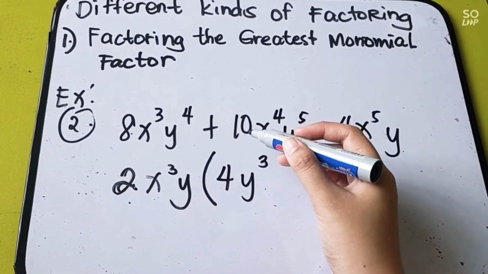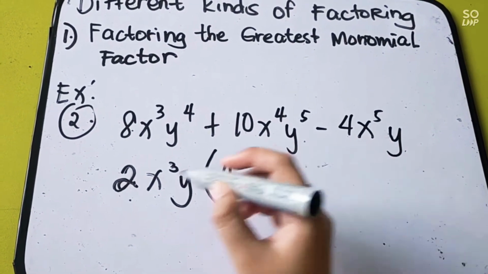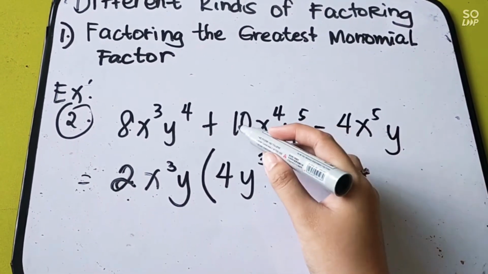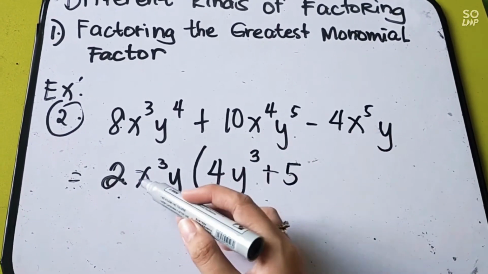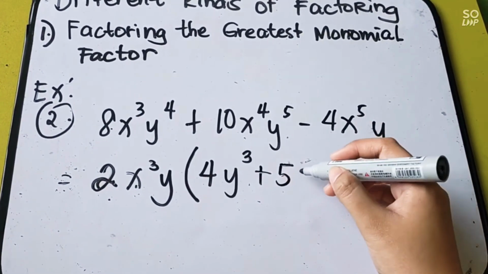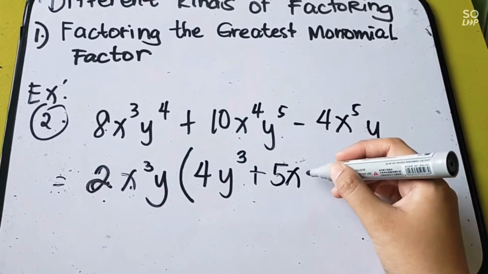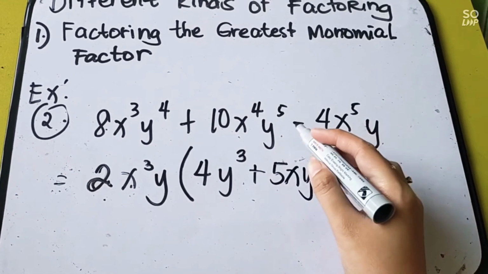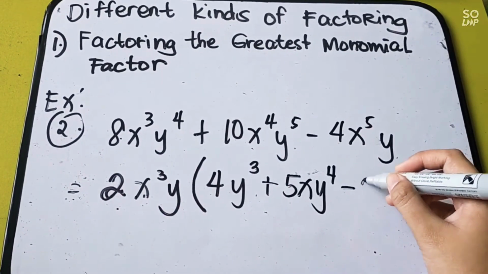Next, 10 divided by 2, just copy the sign, plus. 10 divided by 2, we have 5. Next, x raised to 4 divided by x cubed, the answer is x. Next, y raised to 5 divided by y, the answer is y raised to 4. Copy the sign. Minus 4 divided by 2, the answer is 2.